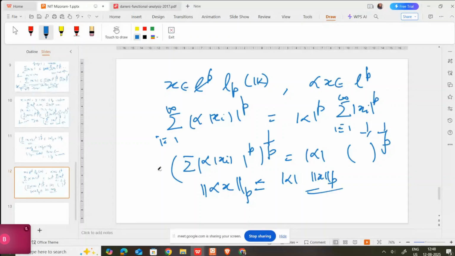The last thing is that x is 0 if and only if the norm of x in p is 0. It's obvious. Each term is 0, therefore the sequence itself is 0.